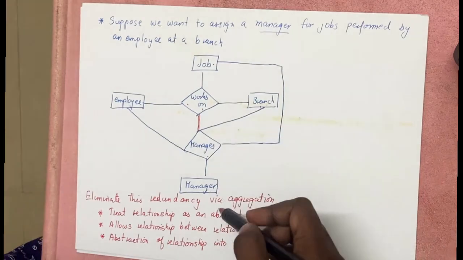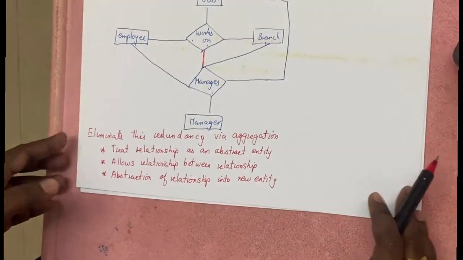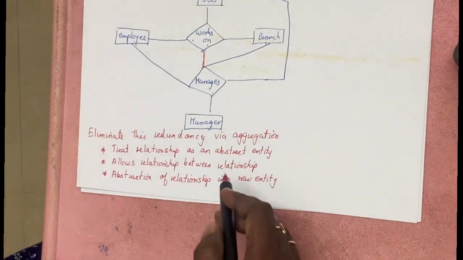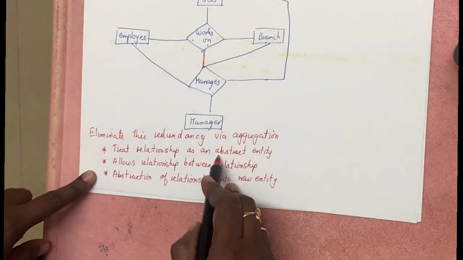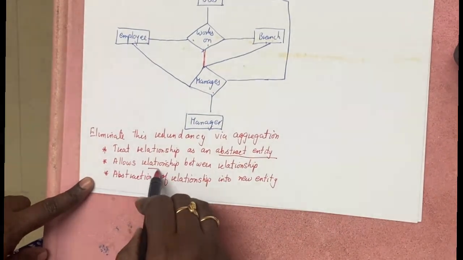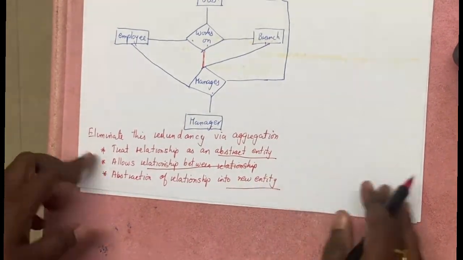When I want to represent this relationship, we are trying to remove the redundancy. Rather than connecting all the entities and relationships, we give a new dimension to it. That is, we treat the relation as an abstract entity. Second, we allow relationship between relationships, and the third is abstraction of a new entity.